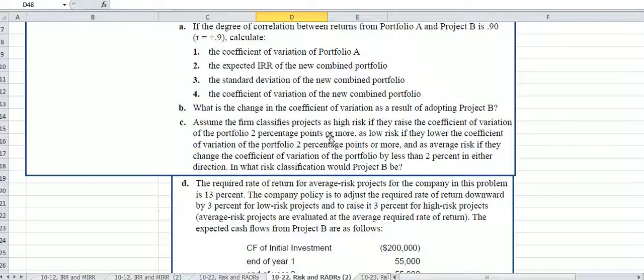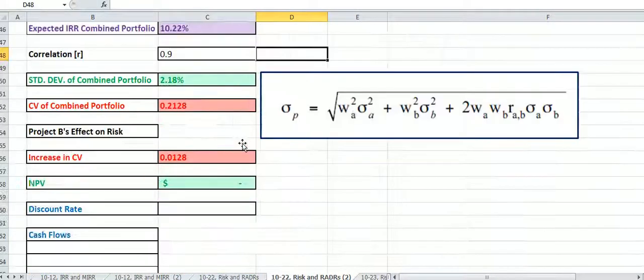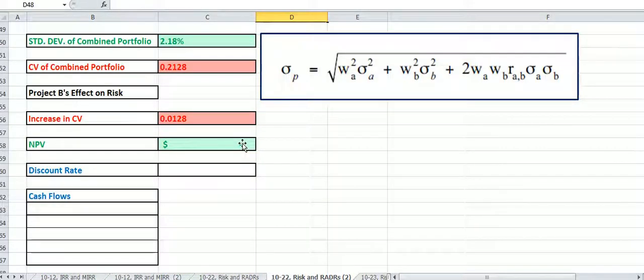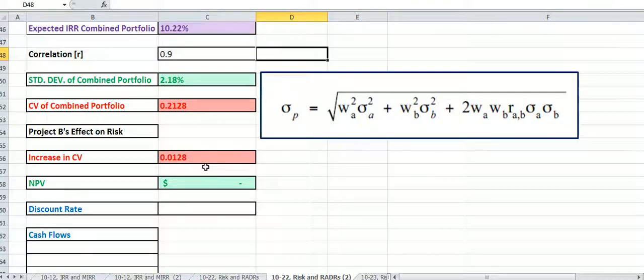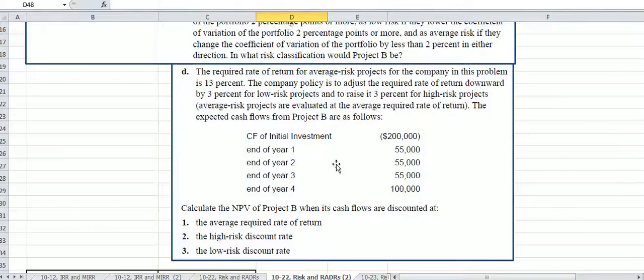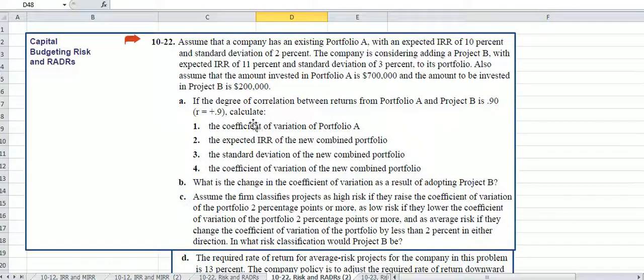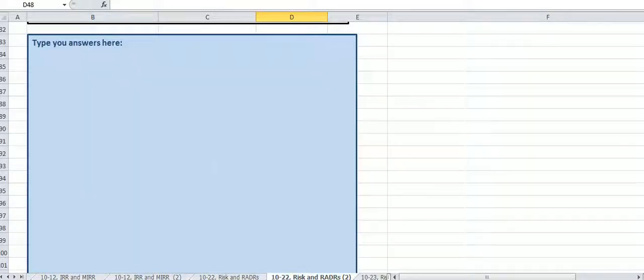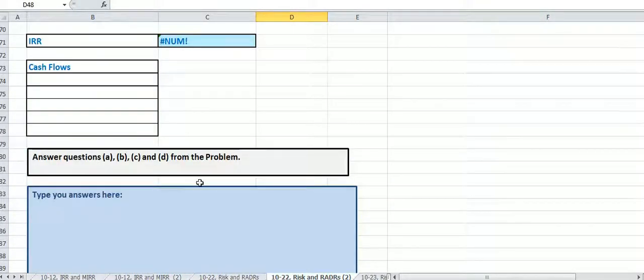And what is the change of the coefficient of variation as a result of adopting project B? We jump down here and see that the change is a slightly higher risk of 0.0128. So you can put in all these answers, A, 1, 2, 3, and 4, and B, in your blue answer box.